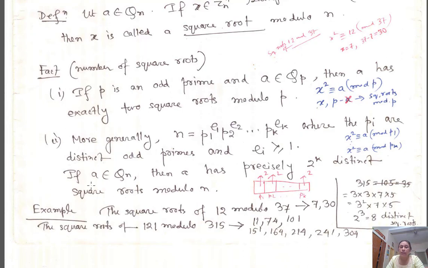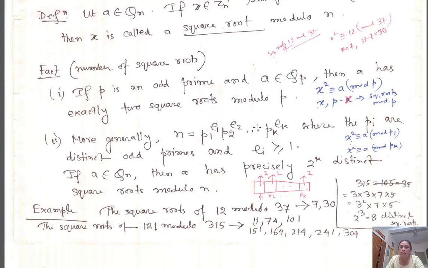So we have to solve this system of equations. We have to find x such that x square is congruent to A modulo n, where n is this.